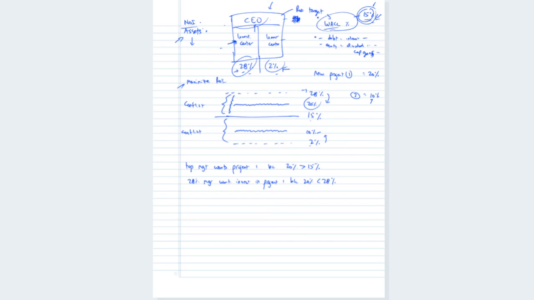So that's one problem, the conflict of interest problem. Another problem is the asset measurement problem. So I talk about net operating income over assets. Well, how do we measure assets? How do we put a dollar value on assets? Do we measure them by their historical cost?